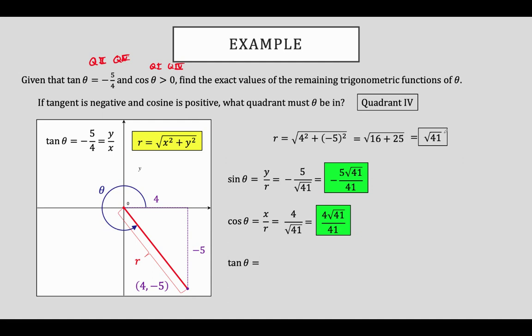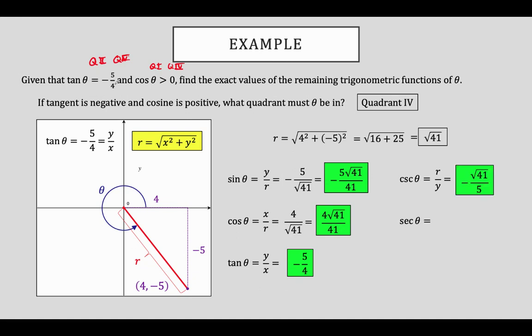Tangent of theta. To evaluate tangent of theta, we take y and we divide by x. That would be -5 divided by 4. And again, good thing is that that matches out with the given information that we were told. Cosecant. Remember, cosecant is the reciprocal of sine. That's r divided by y. √41 divided by -5.